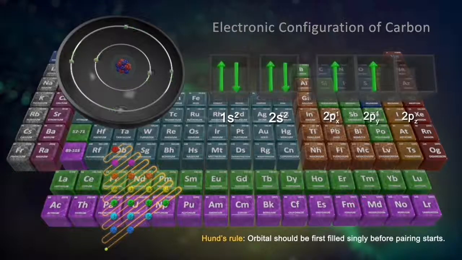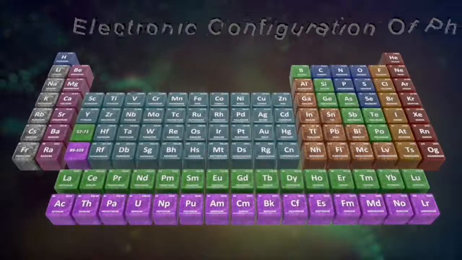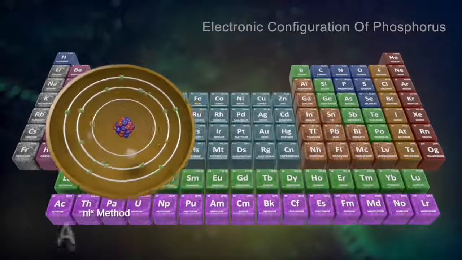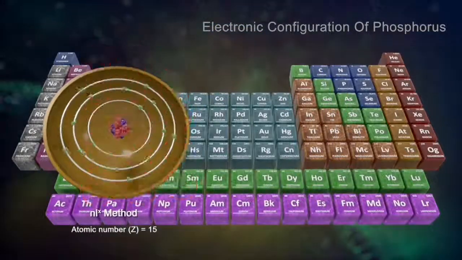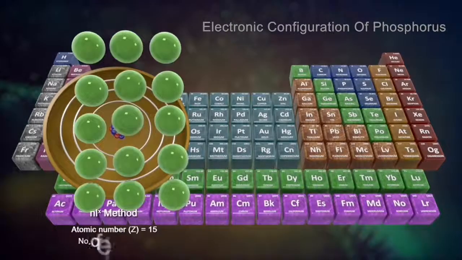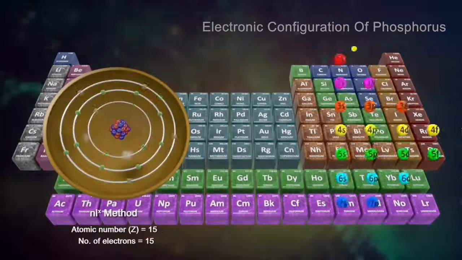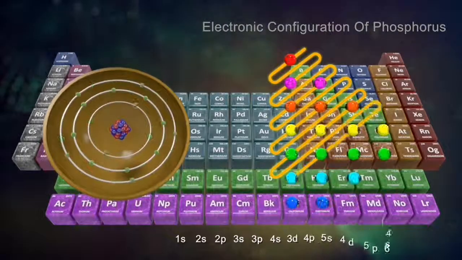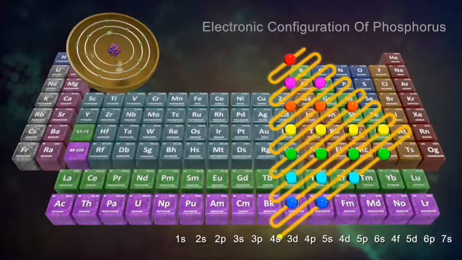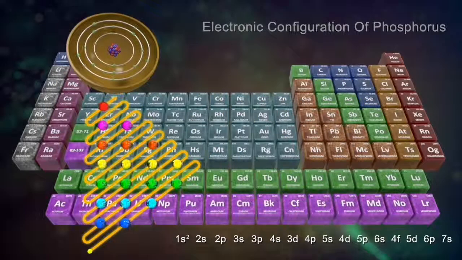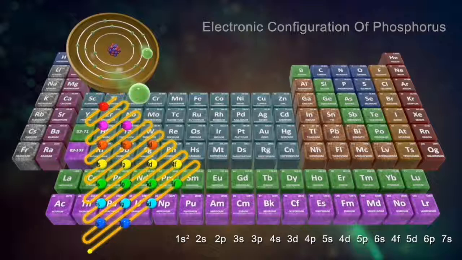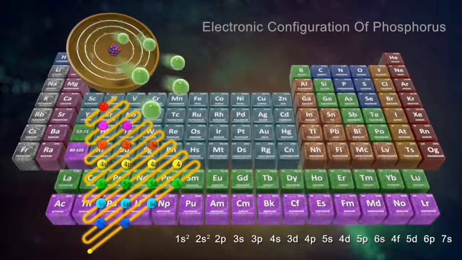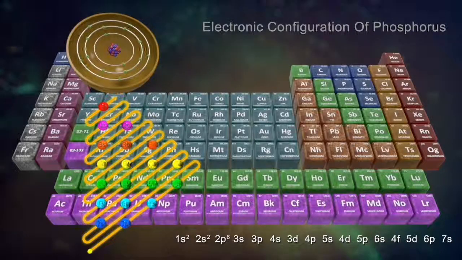and 2py orbitals. Let us now write the electronic configuration of phosphorus using the NLX method. The atomic number of phosphorus is 15, so it has 15 electrons. Now, following the increasing order of energies of sublevels to fill these electrons, the first 2 electrons are filled in 1s sublevel, the next 2 electrons are filled in 2s sublevel, the next 6 electrons are filled in 2p sublevel.